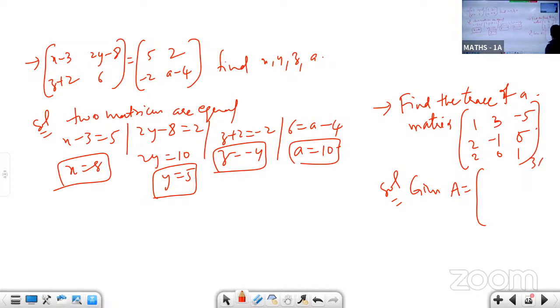Yes, it is a square matrix here, 3 by 3.